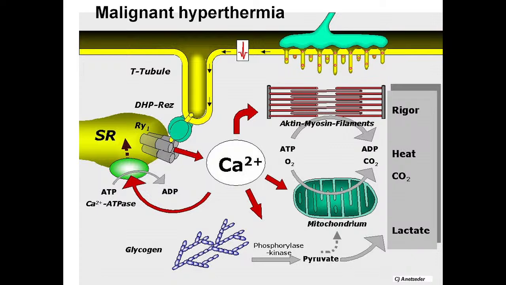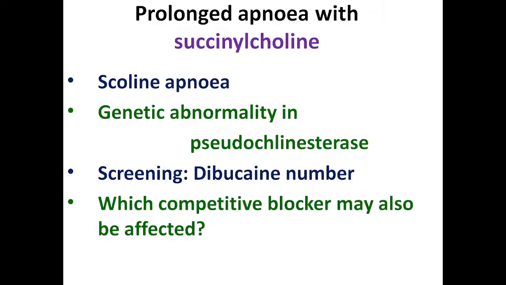So there is increased temperature, there is rigor, that is contraction of the muscle, as well as lactic acid buildup. It has been identified that there are patients who have mutations of the ryanodine receptor and they are more susceptible to malignant hyperthermia with these drugs.